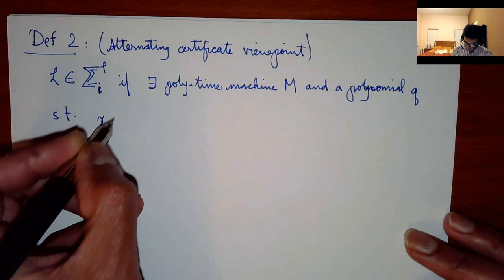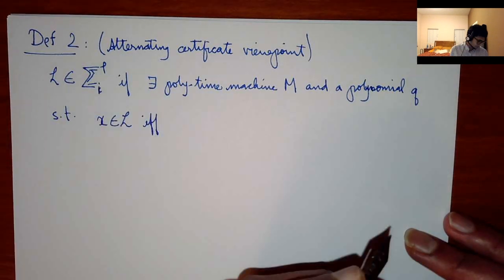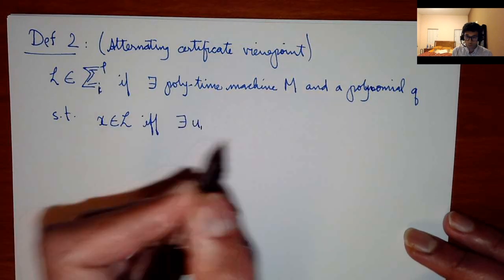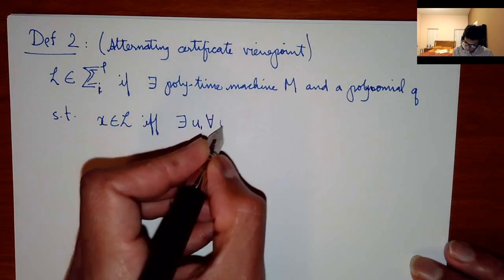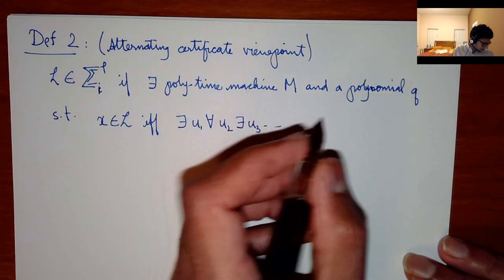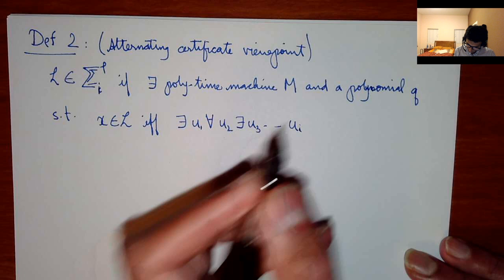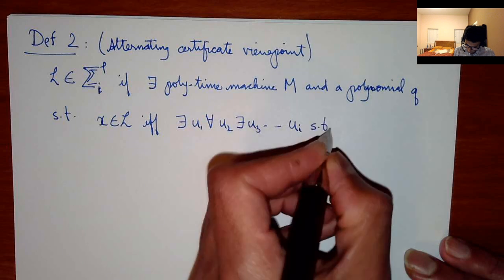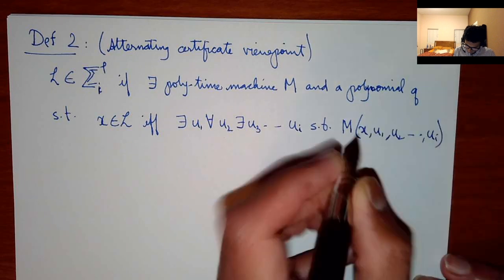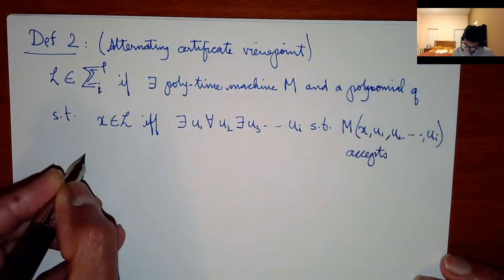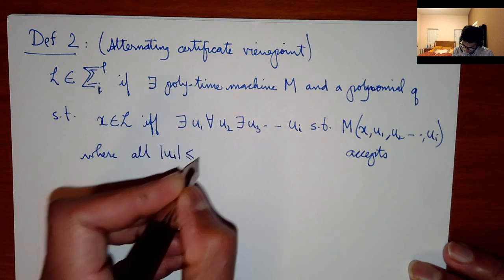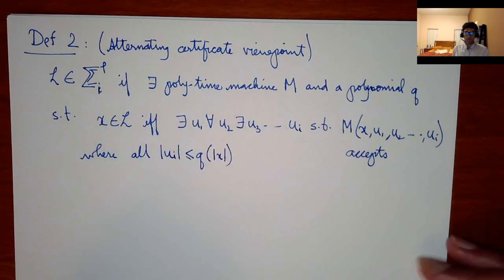X is in the language if and only if there exists a certificate U1 such that for all certificates U2 there exists a U3, and so on and so forth up to UI, such that M(X, U1, U2, up to UI) accepts, where all the UIs are at most polynomial sized.